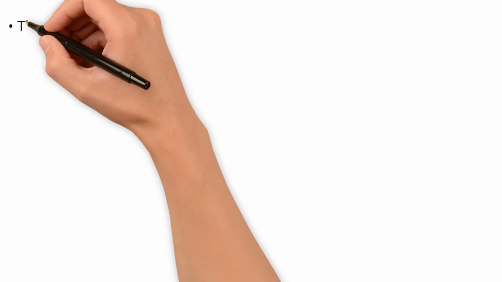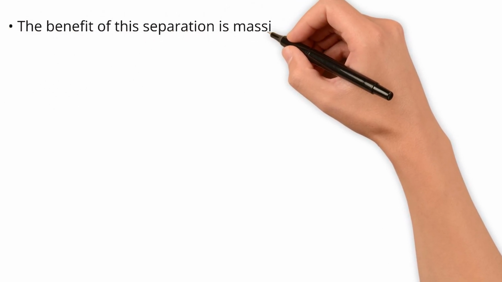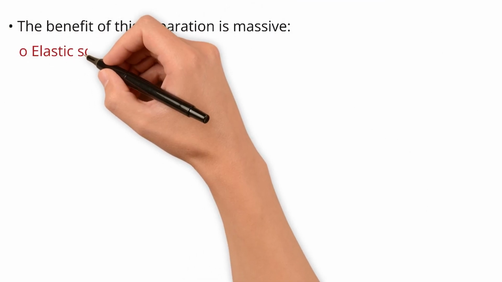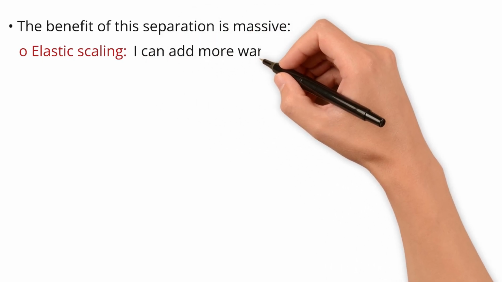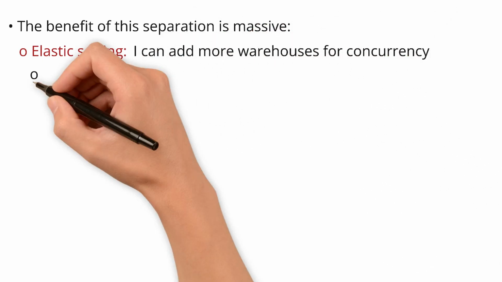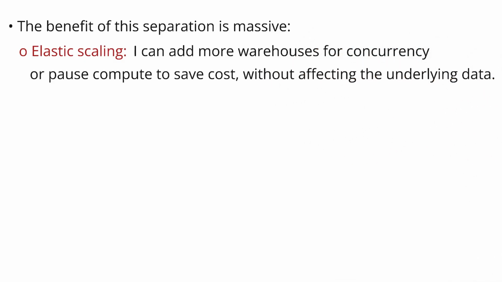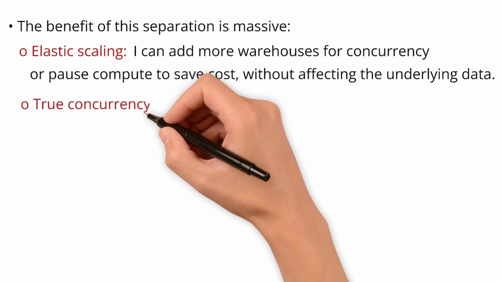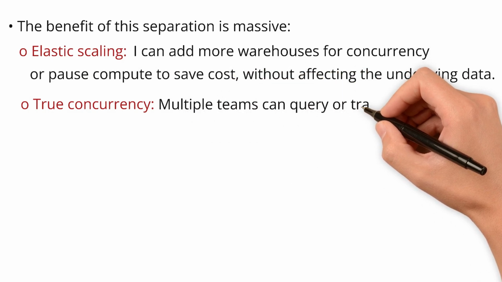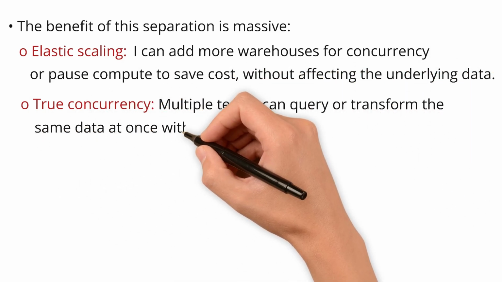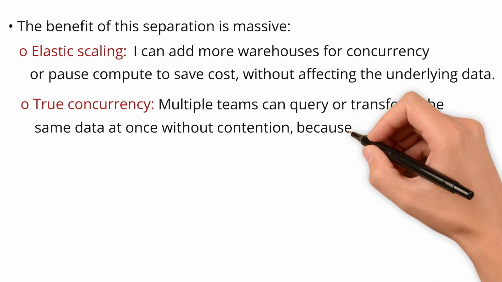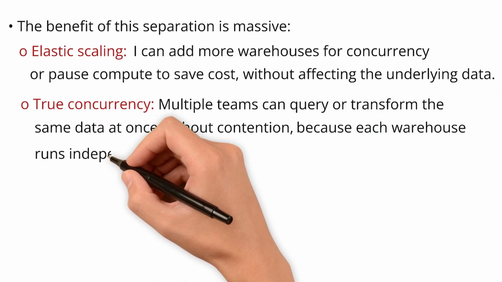And the benefit of this separation is massive. First is elastic scaling. I can add more warehouses for concurrency or pause compute to save cost without affecting the underlying data. True concurrency. Multiple teams can query or transform the same data at once without contention because each warehouse runs independently.